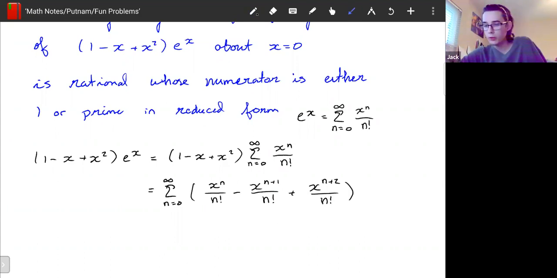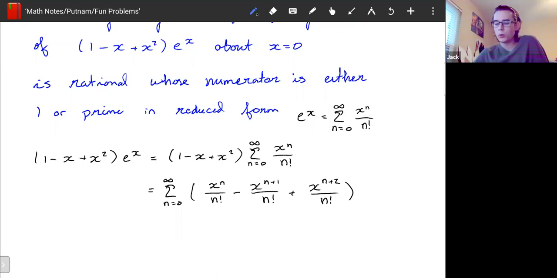Multiplying this by 1, we get this, multiply this by negative x, so we just add another x into the numerator. And then finally multiplying this by x squared, hence the plus 2 up there.